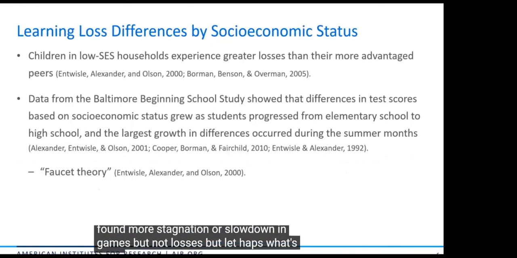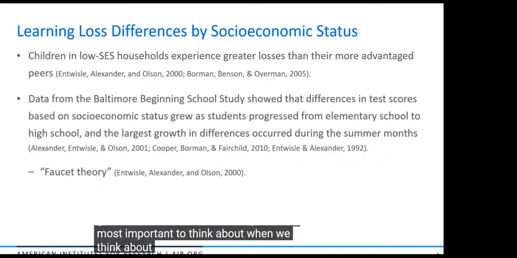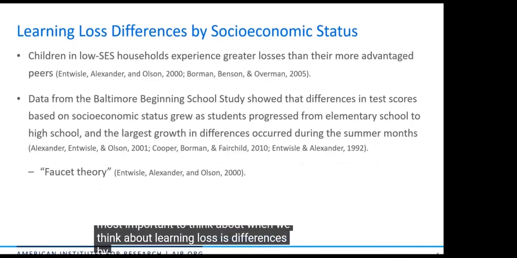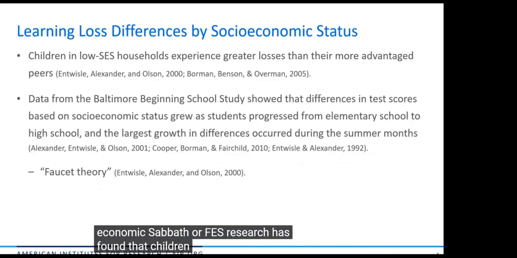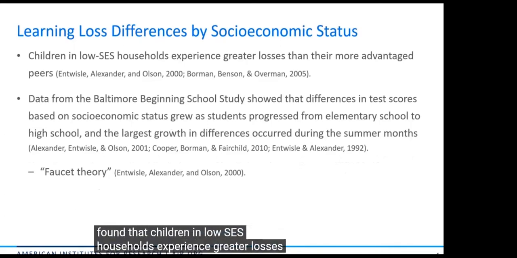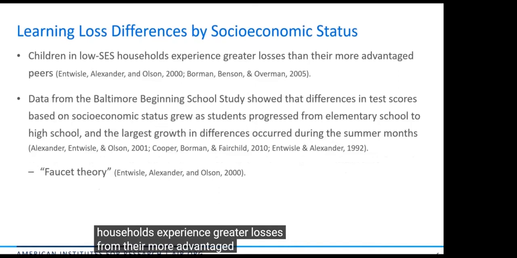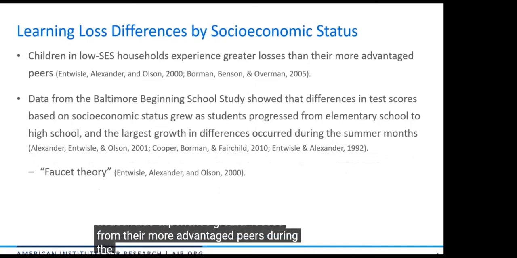But perhaps what's most important to think about when we think about learning loss is differences by socioeconomic status, or SES. Research has found that children in low SES households experience greater losses than their more advantaged peers during the summer months.